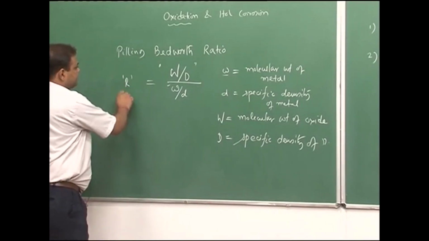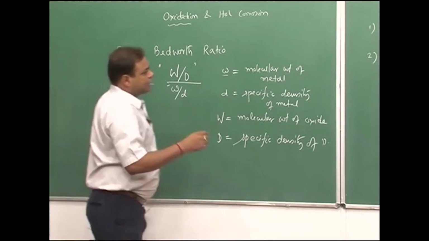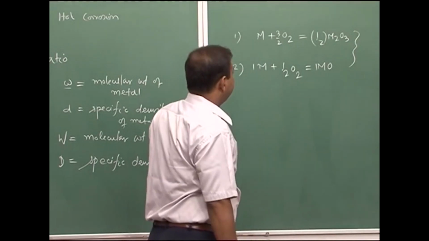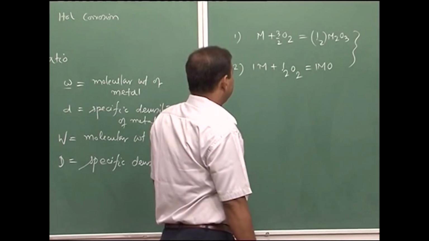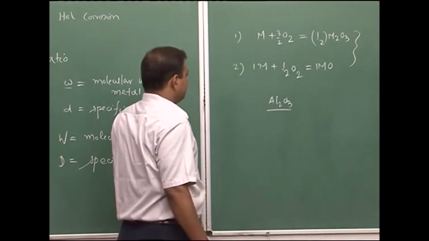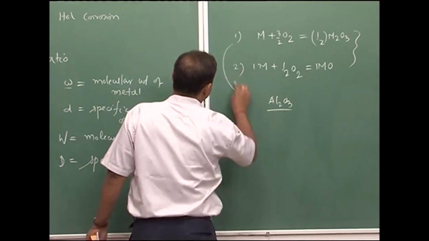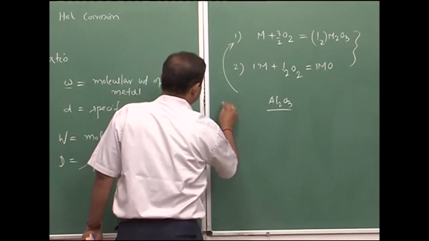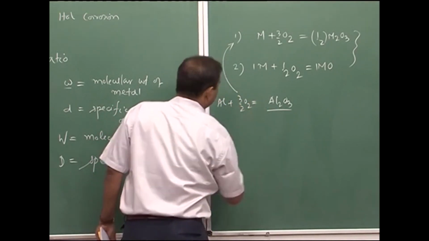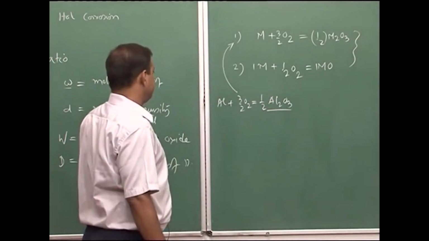So, in order to understand it better, let us calculate the value of R for a few oxides. Let us consider Al2O3. For Al2O3, the reaction would be of this kind: aluminum plus 3 by 2 O2 would form half Al2O3.